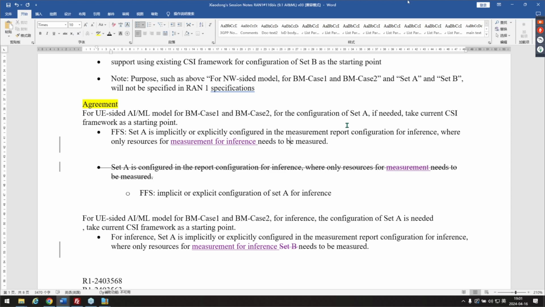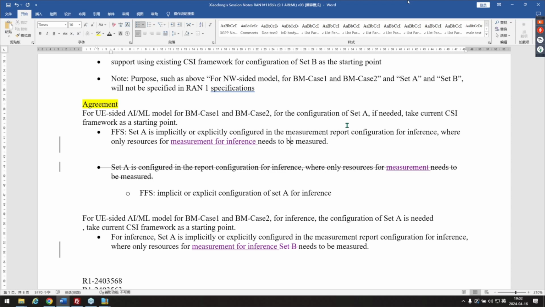So whatever is configured is actually measured by the UE and reported. But I wanted to make sure that when we say something like this, we are not mandating that, using the legacy CSI framework, the UE is needed to measure all the resources in set A. So if this is confusing, we can maybe add a note and go back to that original version saying that not all resources in set A need to be measured. This does not imply that.